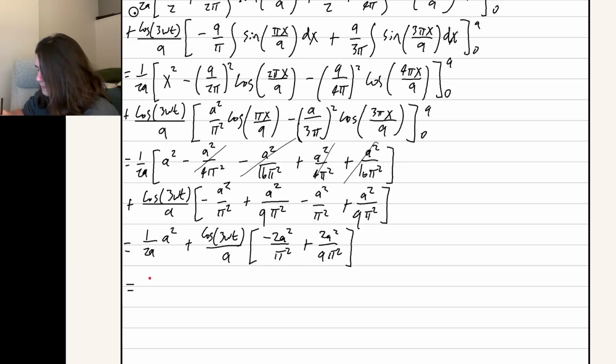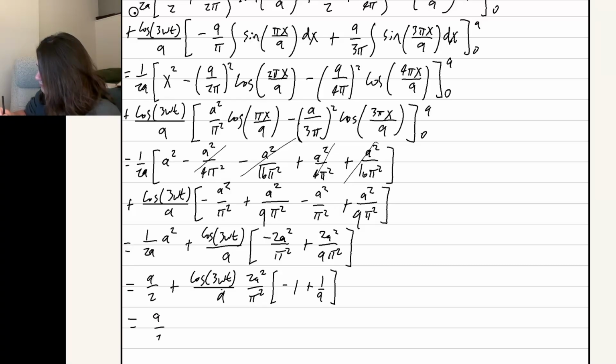Simplifying, we got a over 2 there, and cosine 3 omega t over a, we're going to factor out 2a squared over pi squared. Oops, it's just a on the bottom. 2a squared over pi squared times minus 1 plus a ninth.